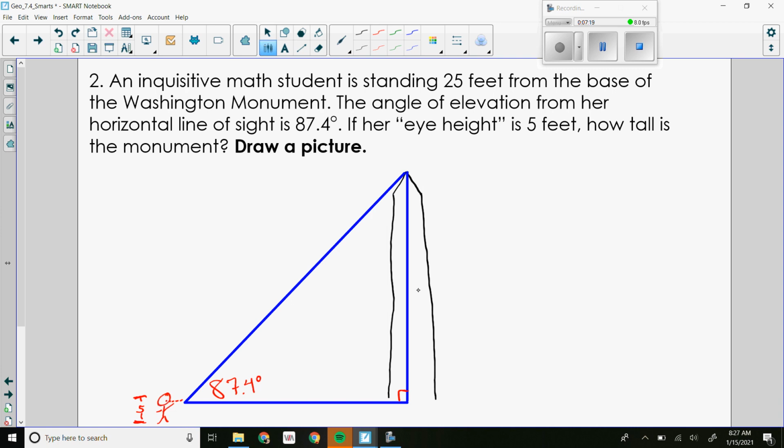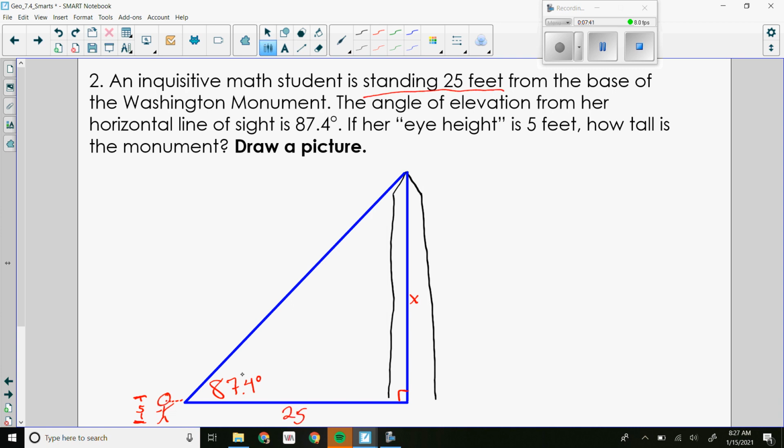Okay, so first off, we want to know from her eye height, 5 feet up the monument, how far is the rest of it? How far is this side of the right triangle? She's standing 25 feet from the base, so this is 25.